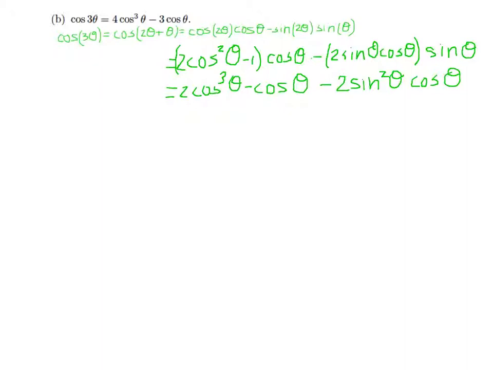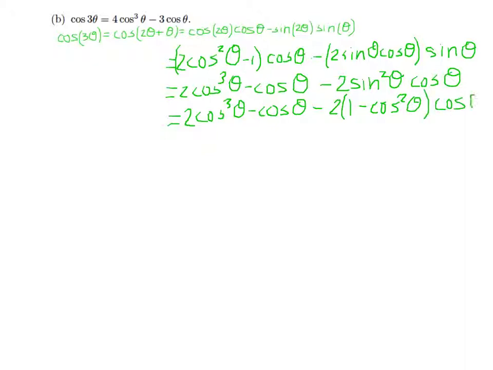Okay, now we're going to rewrite sine squared with cosine, because with our answer we needed to get to 4 cosine cubed theta minus 3 cosine theta. So we still have 2 cosine cubed theta minus cosine theta, minus 2 times 1 minus cosine squared theta times cosine theta. And now again we're going to distribute the cosine theta in.